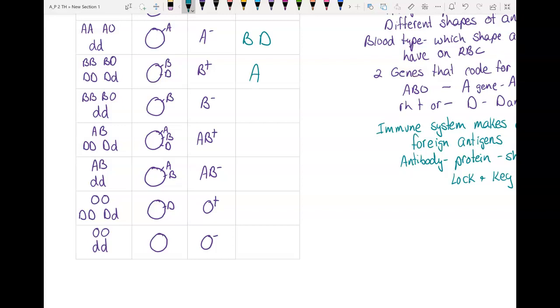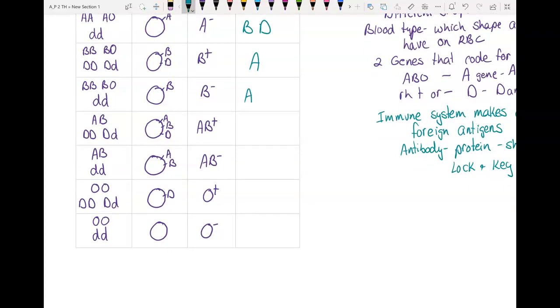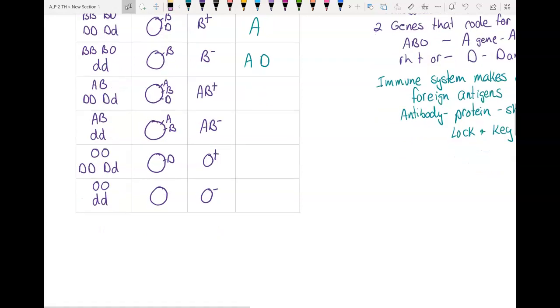Your immune system doesn't like any antigens that are not naturally a part of your body. It makes antibodies to attack them. B negative has A and D antibodies. AB positive, notice if you're AB positive, you have all three, A, B, and D. Nothing is foreign.